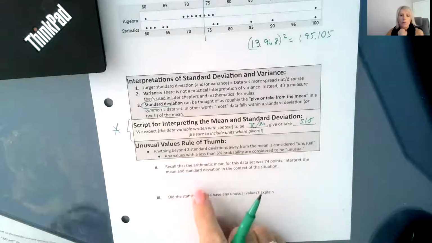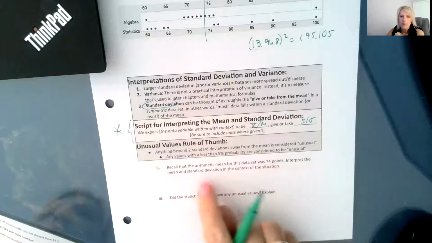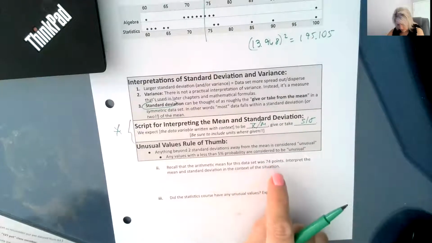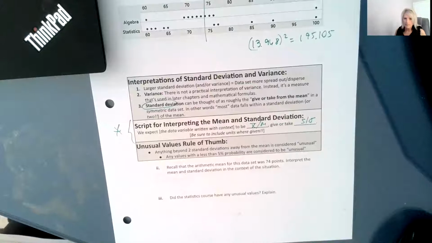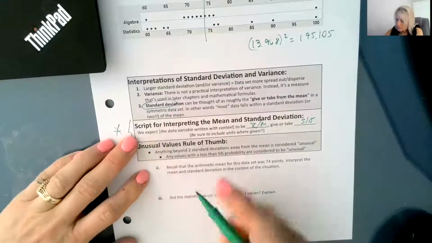Okay, so recall that the mean for the data set was 74. Interpret the mean and standard deviation in the context of the situation. Okay, so we are going to follow this right here.